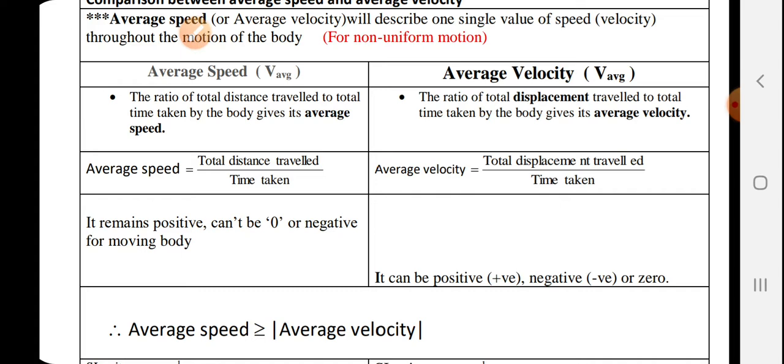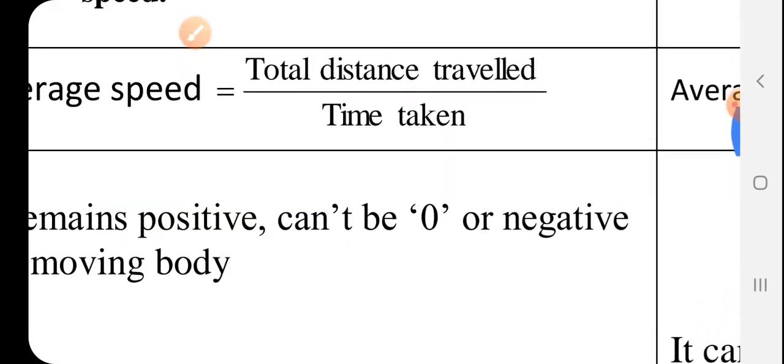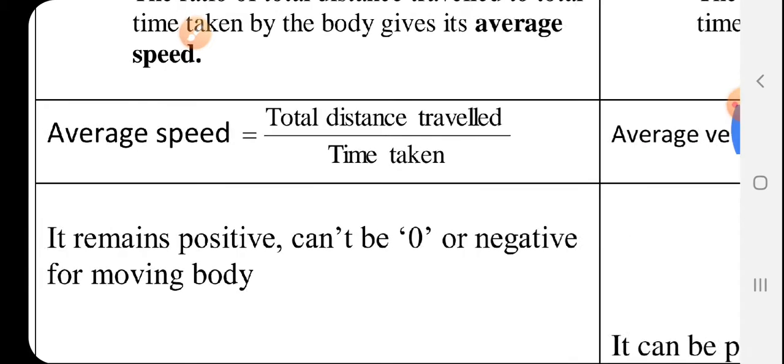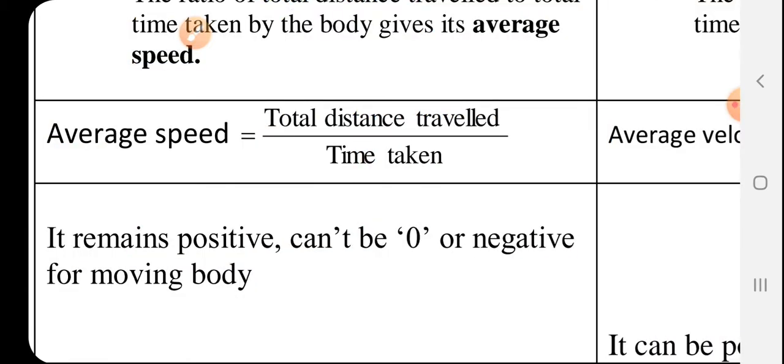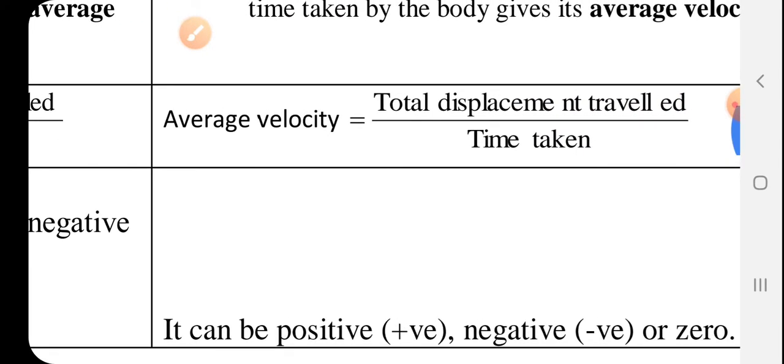or average velocity. Students, average speed is equal to the ratio of total distance to the total time, whereas average velocity is equal to the total displacement to the total time.